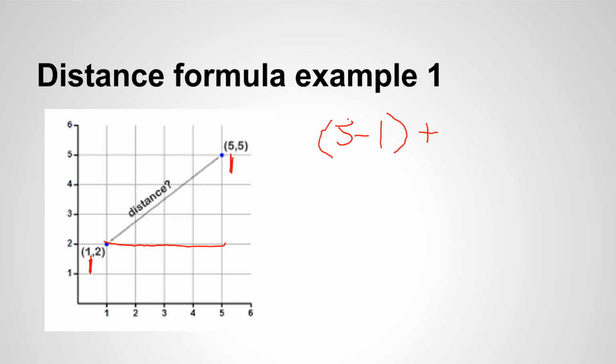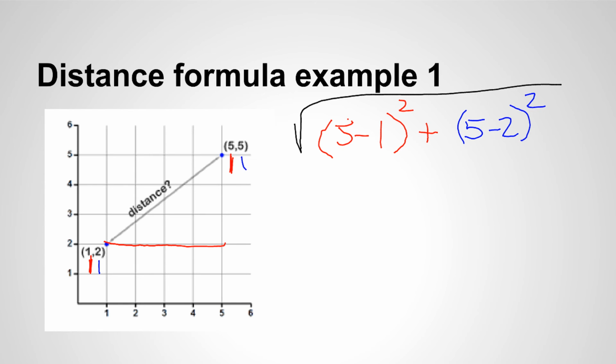And we're going to add that to the sum of our y values. So in this case, we have 5 minus 2. And we're going to square both of them. And then after doing all of that, we're going to square root everything.